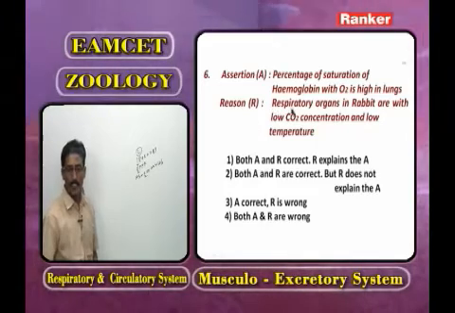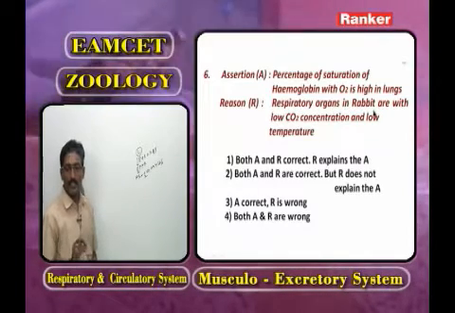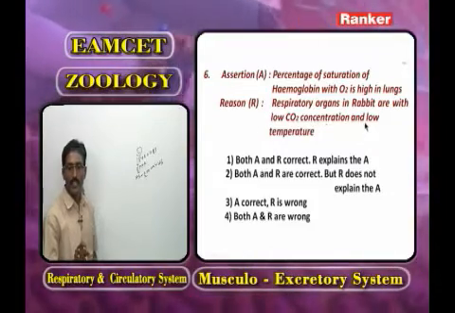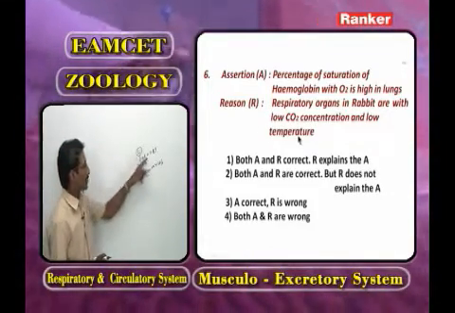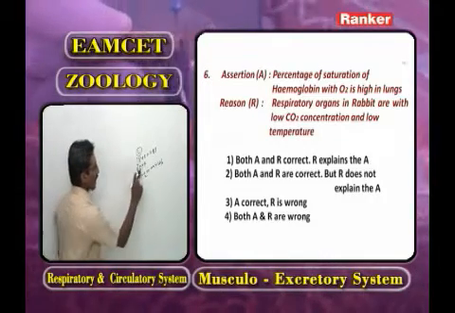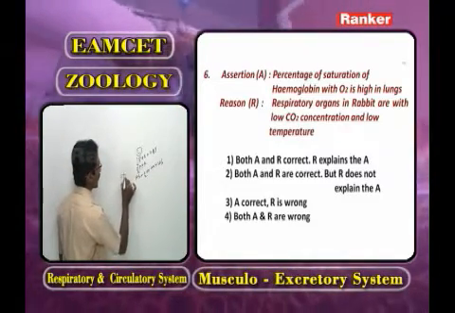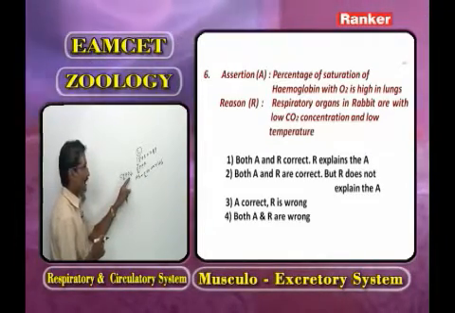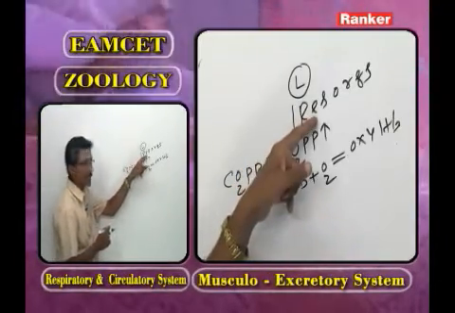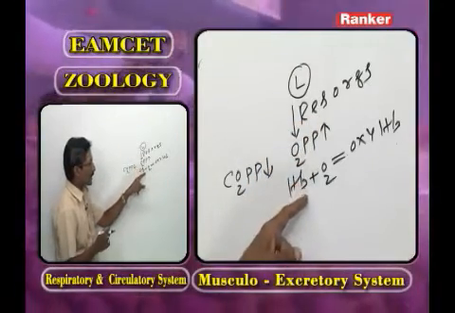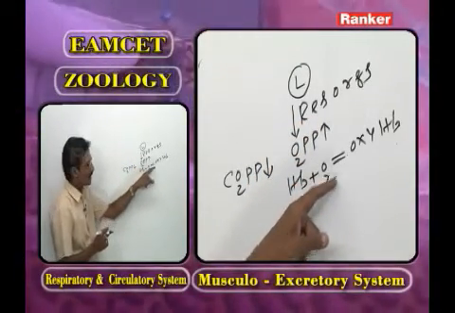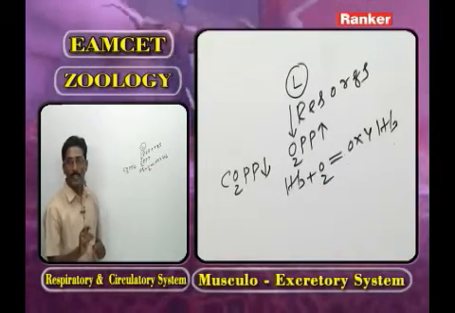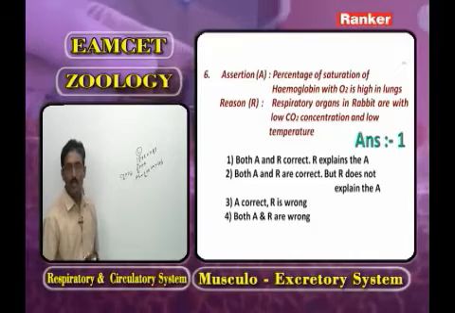Reason: respiratory organs in rabbit are with low carbon dioxide concentration and low temperature. So at respiratory organs, oxygen partial pressure is more and carbon dioxide partial pressure is less. Whenever the carbon dioxide partial pressure is less at respiratory organs, automatically the hemoglobin combines with oxygen, and we are getting the oxyhemoglobin. Based on this information, both are correct. R explains A. Now we go for the next question.